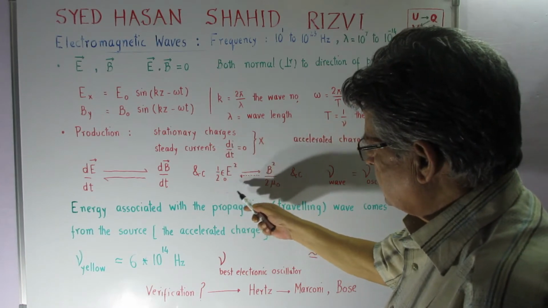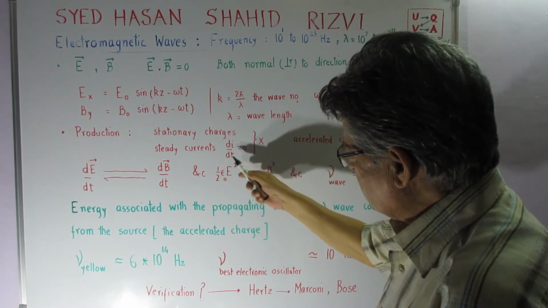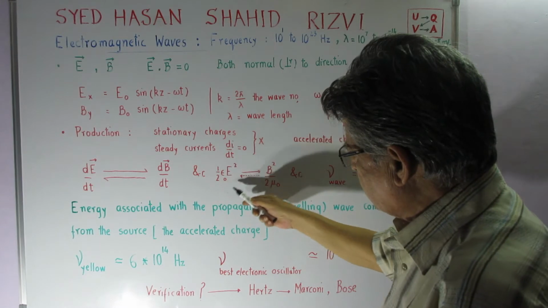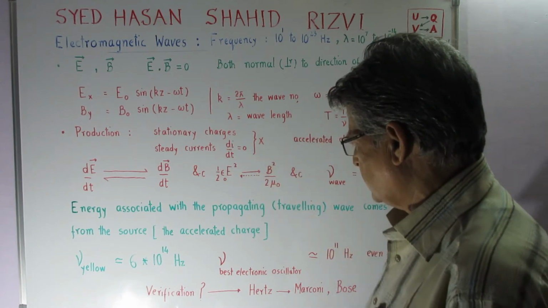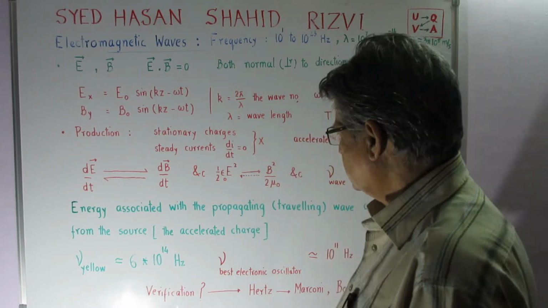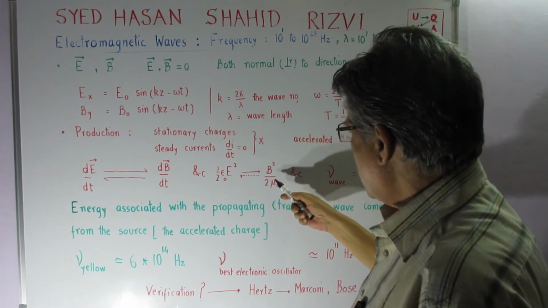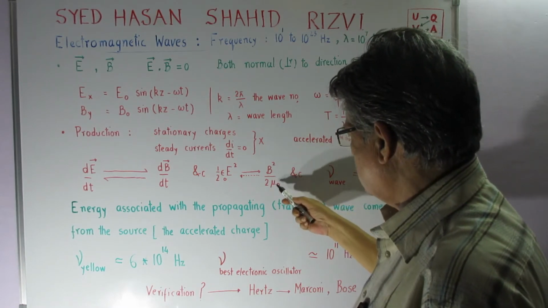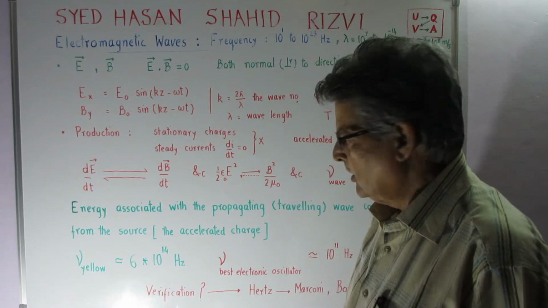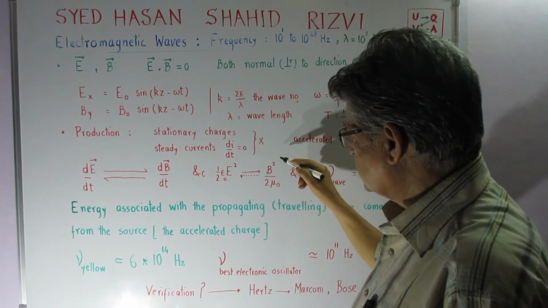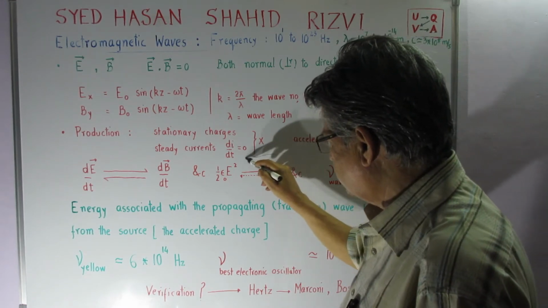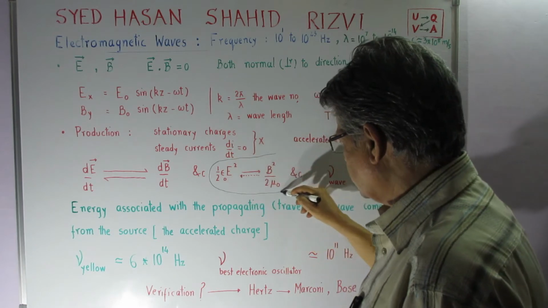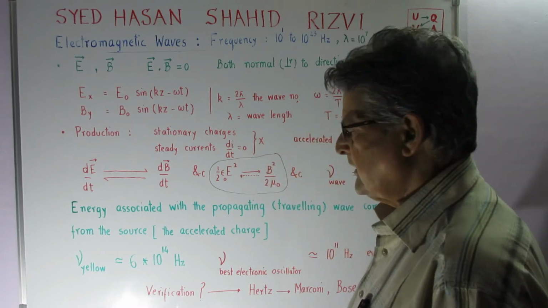If there is an energy density associated with the electric field, half epsilon naught E square, this gives rise to half B square upon mu naught, the energy density of the magnetic field, and so on.